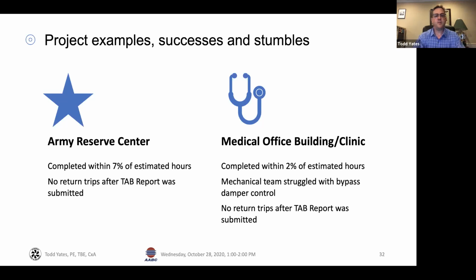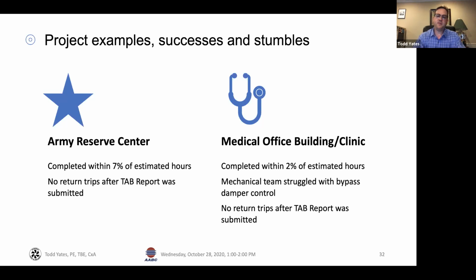So the Army Reserve Center was completed within 7% of our estimated hours, and we had no return trips after the test and balance report was submitted. The medical office building was completed within 2% of our estimated hours.